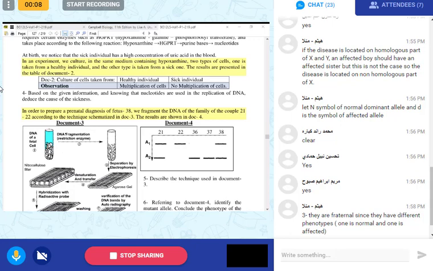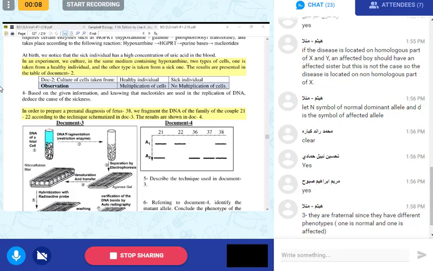In the healthy individual, there is multiplication of cells; in the sick individual, no multiplication of cells. Based on the given information and knowing that nucleotides are used in the replication of DNA, deduce the cause of sickness. What do you think?